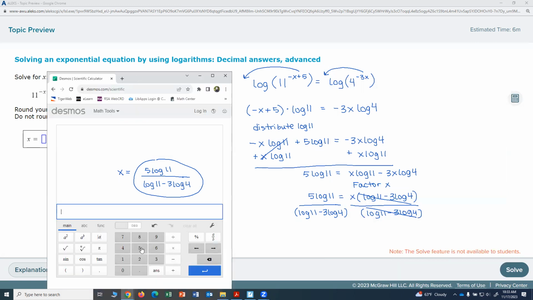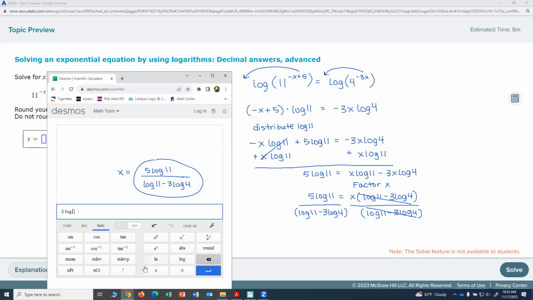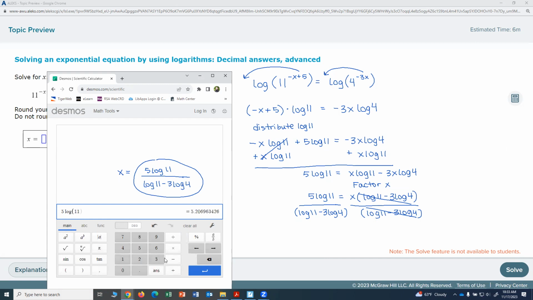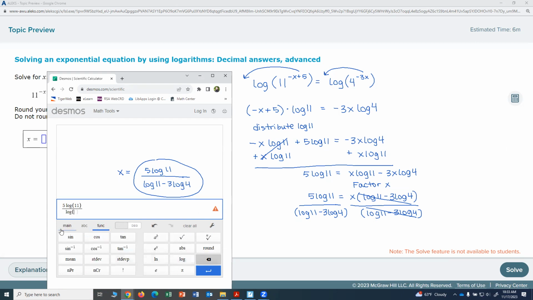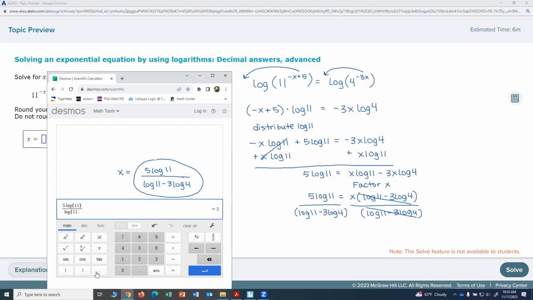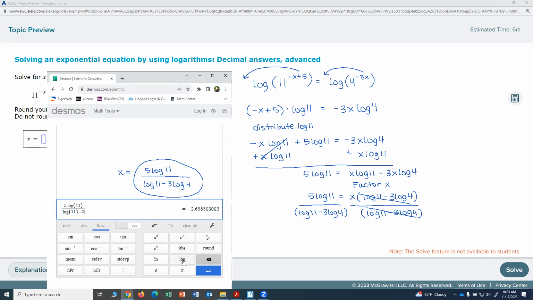So I'm going to type in 5, go to function to get to your log 11, close the parentheses around the 11, and then divide by log 11, close the parentheses around the argument, around the thing being plugged in, minus 3 log 4.